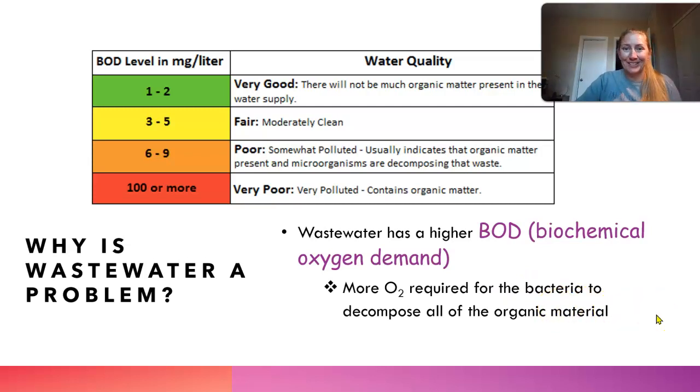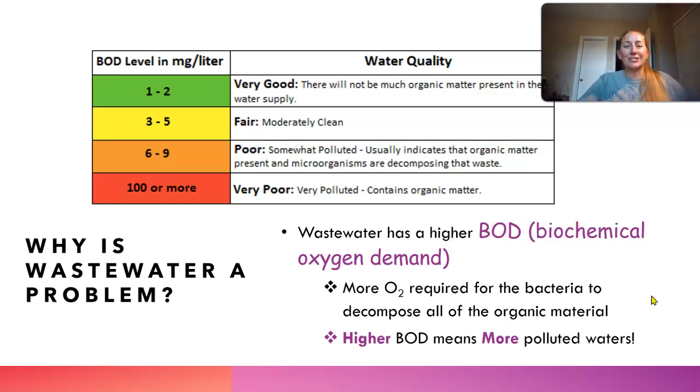And the second bullet here is everything that I just mentioned to you. Oxygen is required for bacteria to decompose the organic material, the poo that is coming out of your toilet or something along those lines. So water that contains a lot of fecal material is a water pollutant.